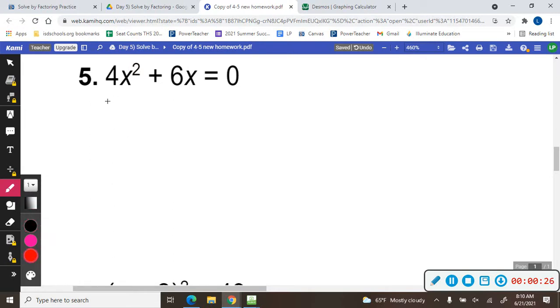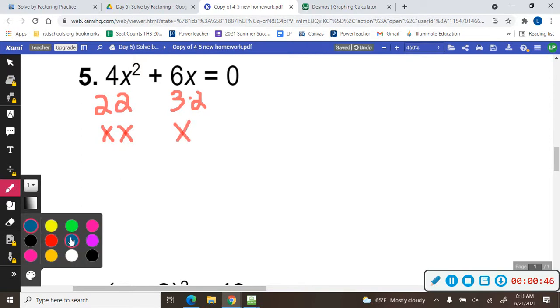And I see this 4 breaks into 2 and 2. And then x squared is x and x. 6 is 3 times 2. And an x. And so when I'm looking at those, what do I have in common? They both have a 2x.